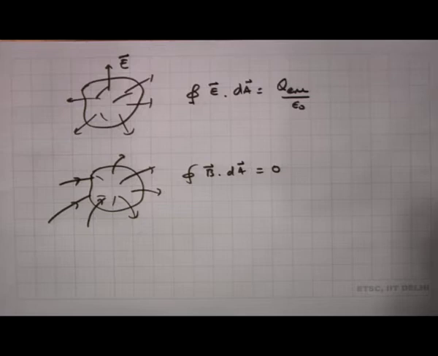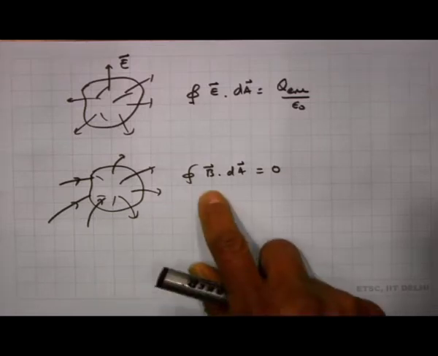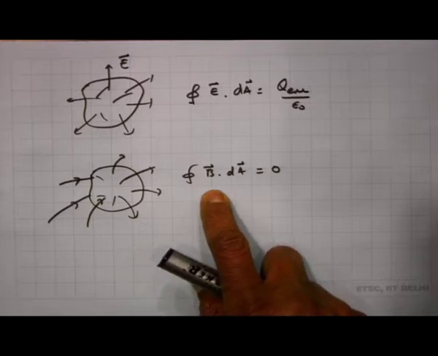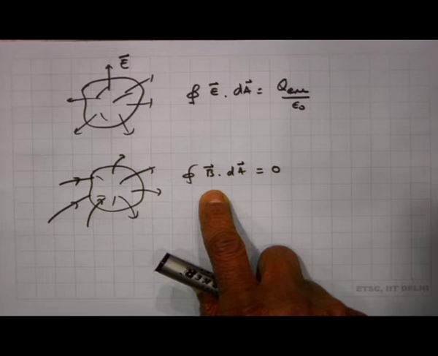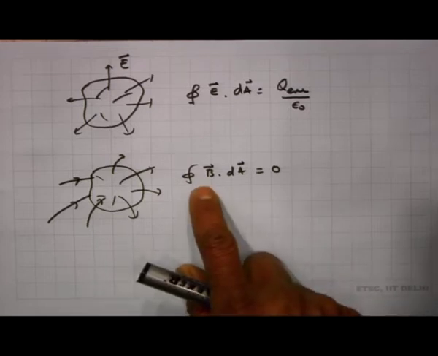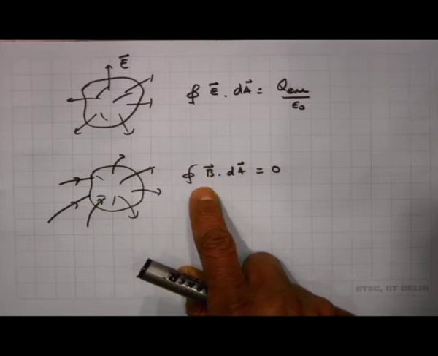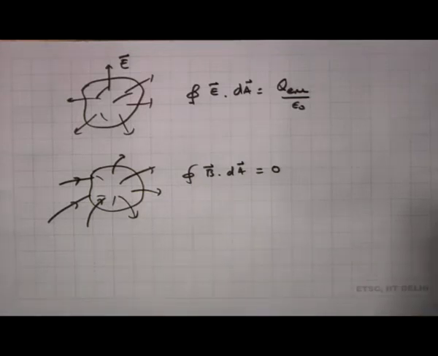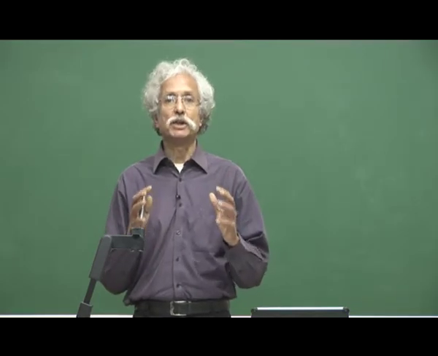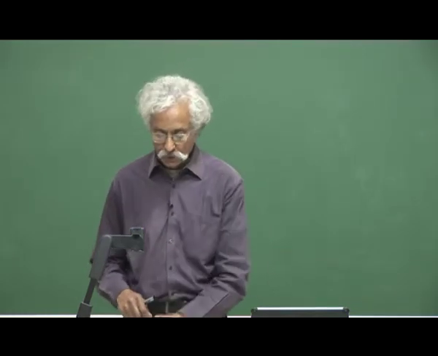So, it also implies that there are no magnetic charges, that means no points from which magnetic field lines emerge or get converged in. In other words, magnetic monopoles do not exist. Magnetic field lines are always closed lines, and so if you take a closed surface, the net magnetic flux through that surface will be 0. So, this is the second law.